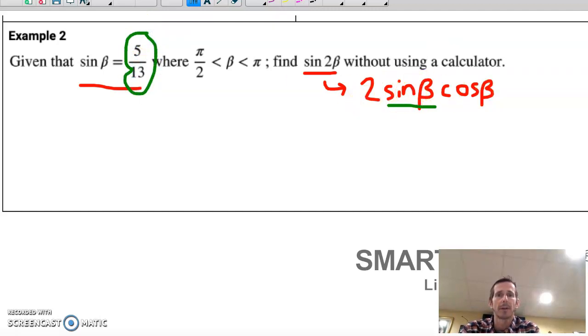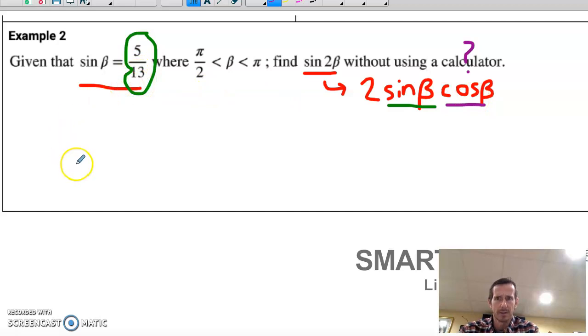What I don't have, what's actually missing, is cosine of beta. So I'm going to figure out what cosine of beta is using the trick you did in the warm-up, which is sine is your y over your r, and cosine is x over r.